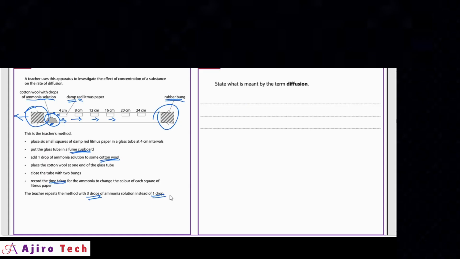State what is meant by the term diffusion. Now, if you are defining diffusion, there are some key words that you must mention. So you will have to say that diffusion is the movement of particles. Particles of what? The particles of gas, the particles of the liquid.